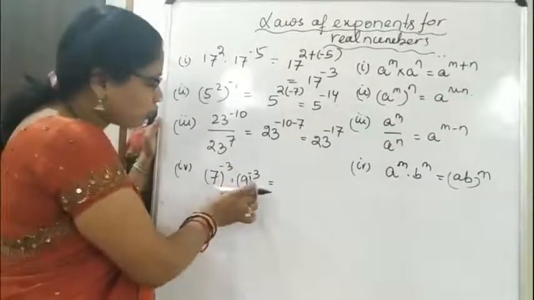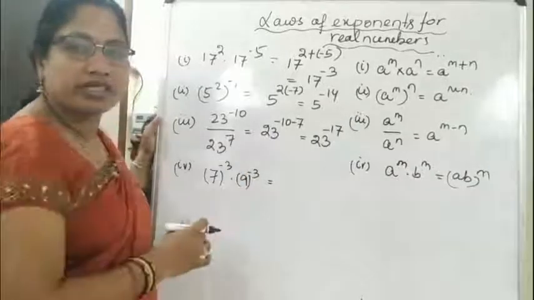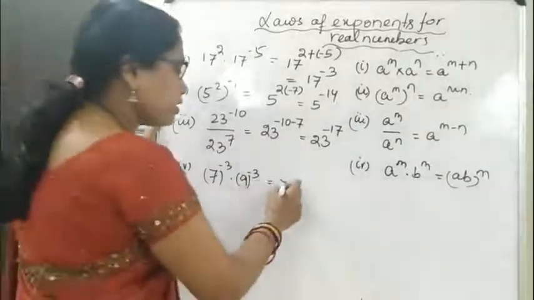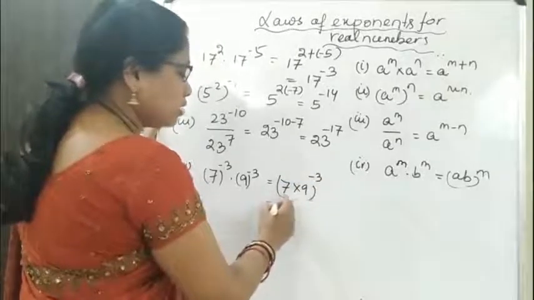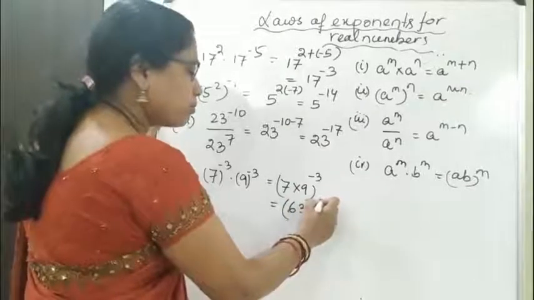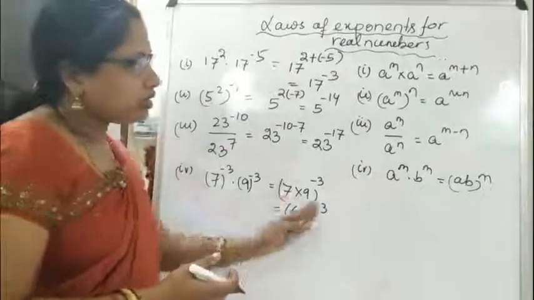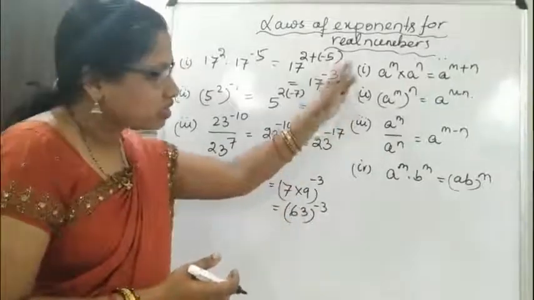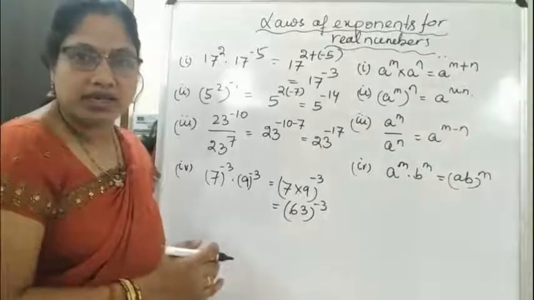Here both bases have the same exponent, but the exponent is negative. So this can be written as 7 into 9, whole to the power minus 3, which is equal to 63 to the power minus 3. So let us discuss whether we can extend these laws of exponents where the exponents are rational numbers or not.